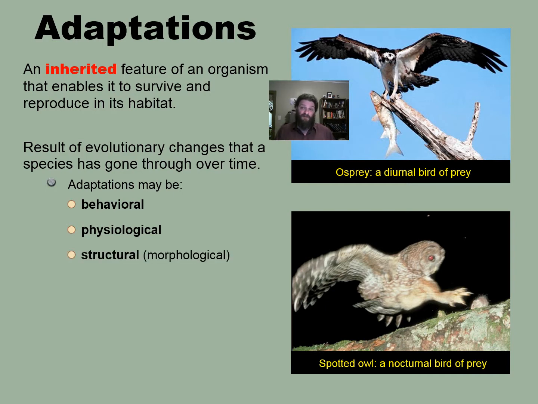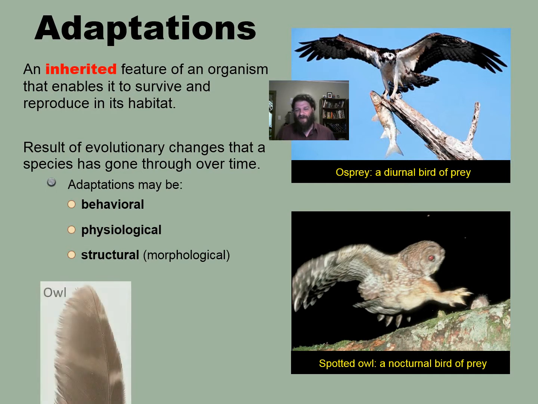Now, there are also structural adaptations. These are the ones that we tend to think of when we think of adaptations. The owl here can fly at night, and it flies silently because the edge of the feather is what we call ragged. It's kind of all ruffled. And that breaks up the air, and so when they fly, they're silent.